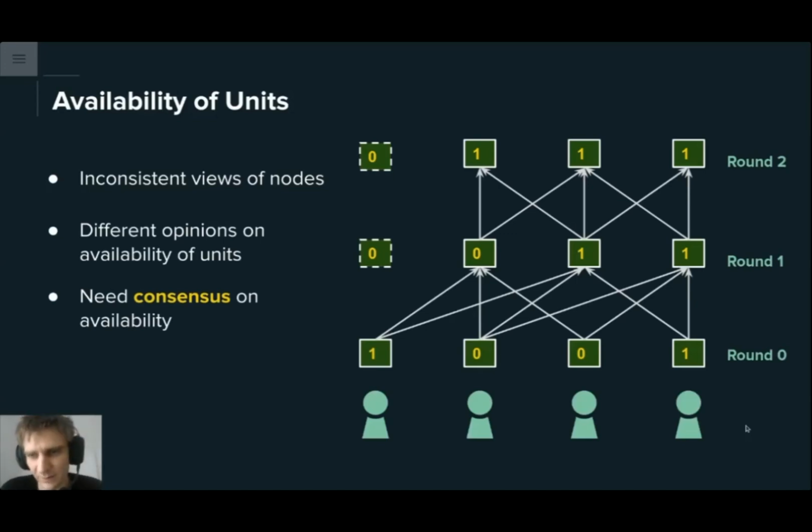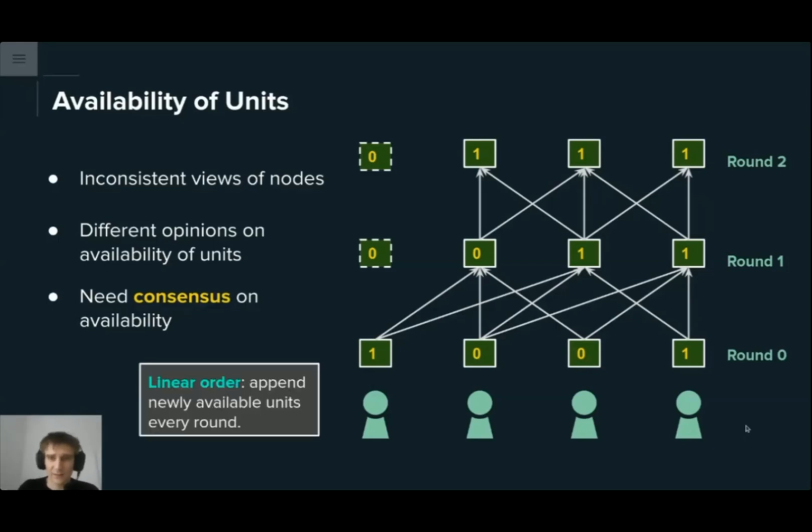Okay. So what is this? It's just a binary decision, 0 or 1 on every unit, meaning 0, the unit is unavailable, or it maybe doesn't even exist. Maybe it is kind of available, but it didn't disseminate quickly enough, and we just decided it's not available. But what's important is that if we have a 1, then this unit is available, meaning that all honest nodes either already have it or there is a guarantee that they will receive it at some point.